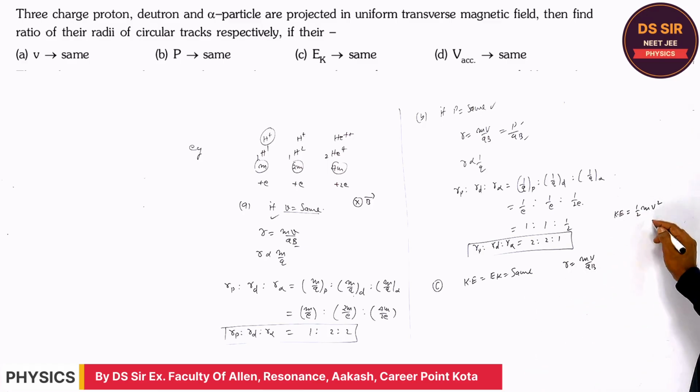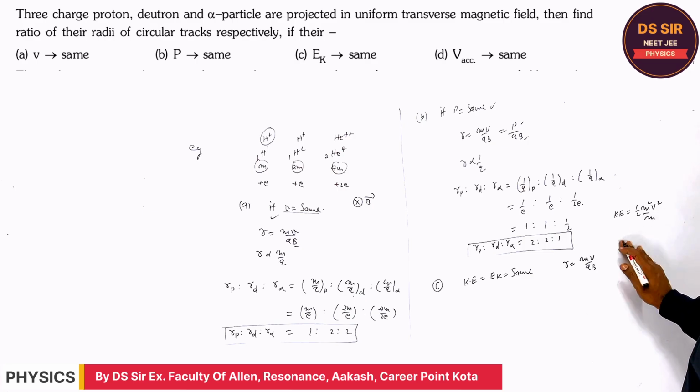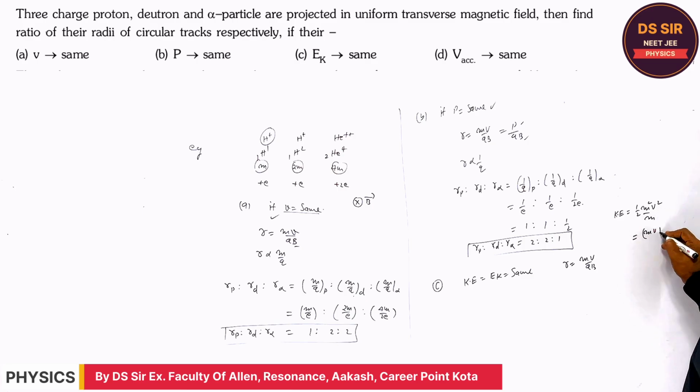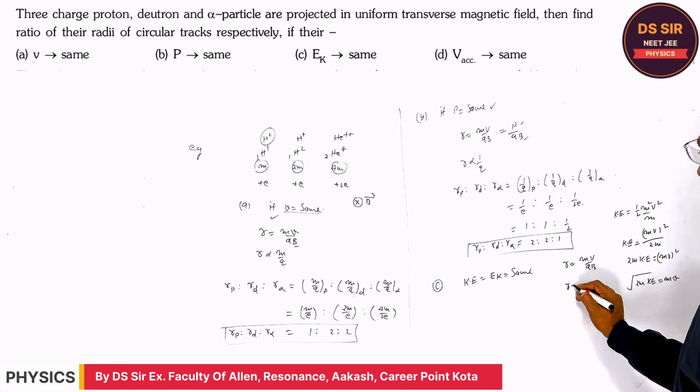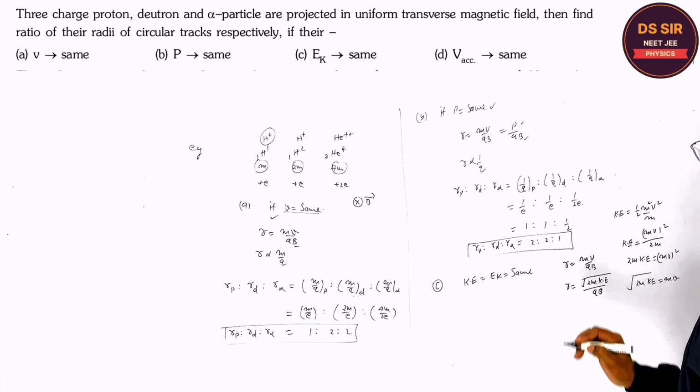Multiply by m and m, so 2m into KE is equal to (mv) whole square. Root 2m KE is equal to mv. So radius is proportional to root 2m KE upon qB. Is it clear or not, you tell?